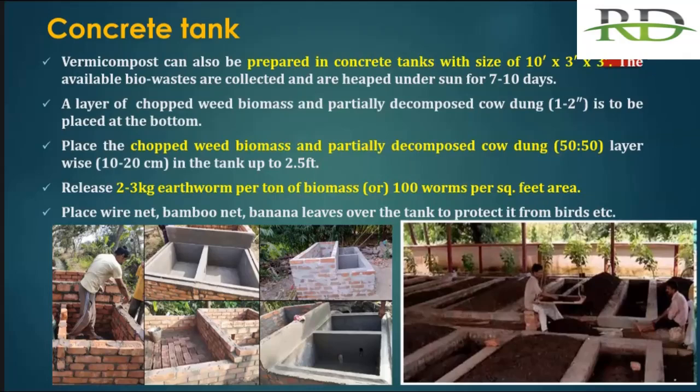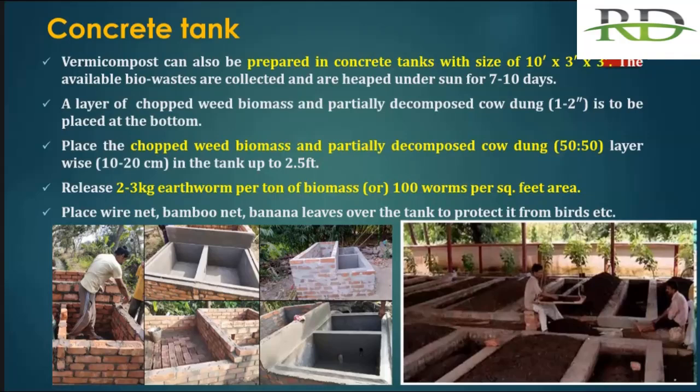Then place the chopped wheat biomass and the partially decomposed cow dung 50:50 in the tank up to 2.5 feet. Then release 2 to 3 kg earthworms per ton of biomass or 100 worms per square foot area. After that, we have to place wire net, bamboo net or banana leaves over the tank to protect from birds, ants, and other enemies entering the tank.